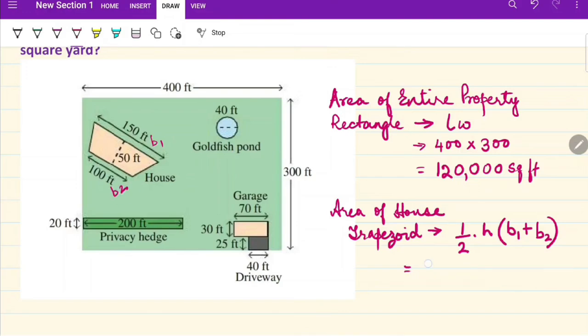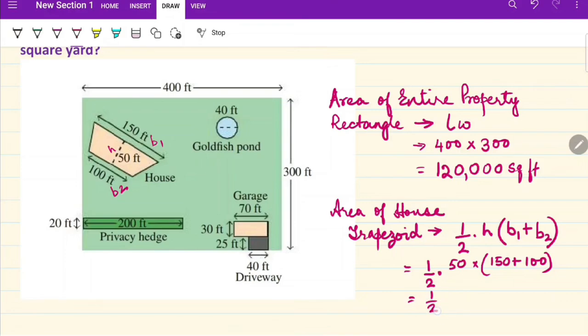So it's going to be 1/2 multiplied by, what's the height? It's 50, correct? This is the height. So 1/2 multiplied by 50 multiplied by B1 plus B2, which is 150 plus 100, which is 250.